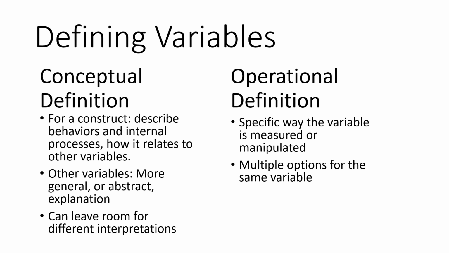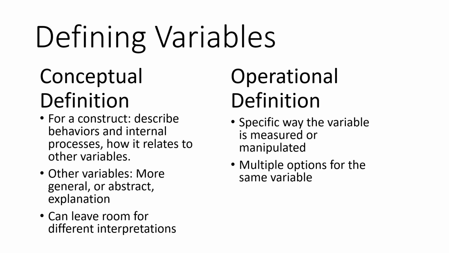They often represent tendencies to think, feel, or act in certain ways, and they frequently involve internal processes, so they're not visible. The conceptual definition describes behaviors and internal processes that make up the construct, along with how it relates to other variables. In other cases, the variable might be visible, like exercise, and the conceptual definition is the more general or abstract explanation.